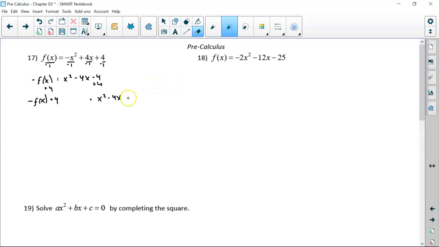And in that space, we're going to be adding the negative 4 divided by 2 squared. So I get negative 1 times f of x plus 4, negative 4 divided by 2 is negative 2, squared is plus 4, equals x squared minus 4x plus 4. So we get negative 1 times f of x plus 8 equals the quantity of x minus 2 squared.